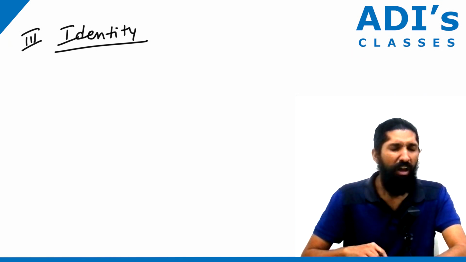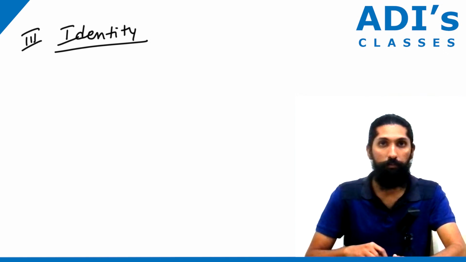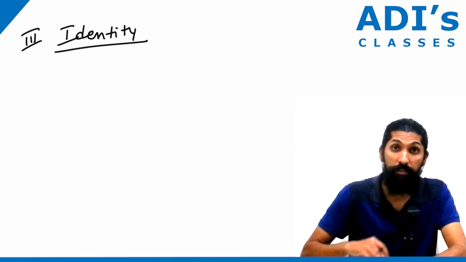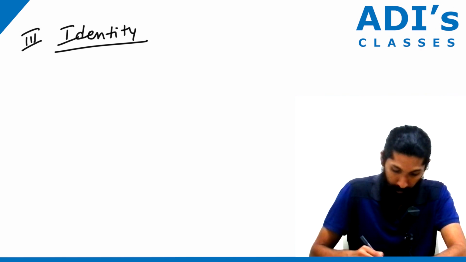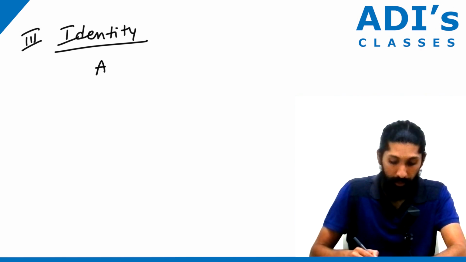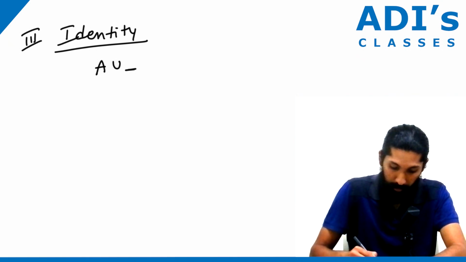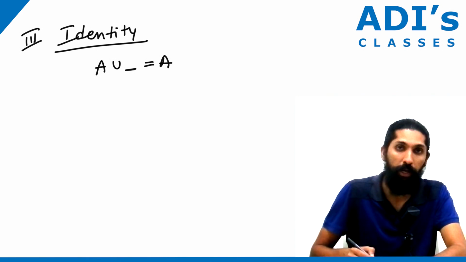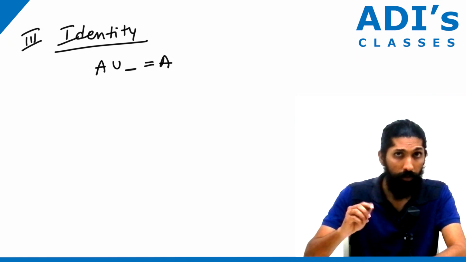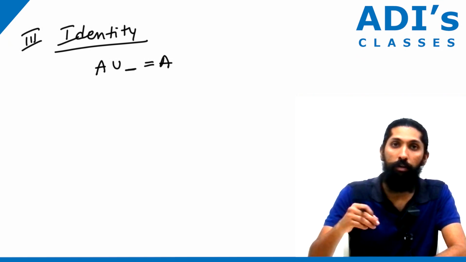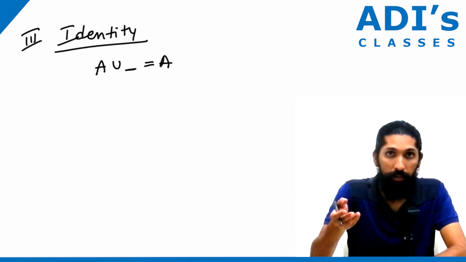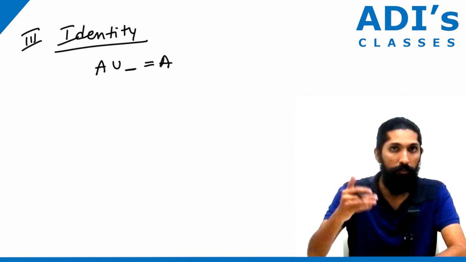So here, suppose A is the set. When I do union with something, it should give the same set back, correct? I cannot take A itself, A union A is equal to A, that comes later.